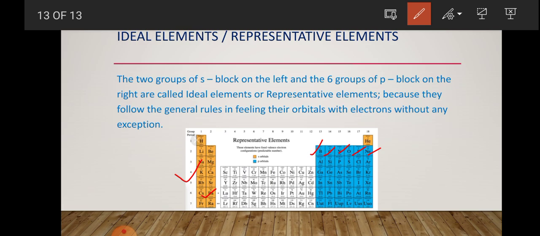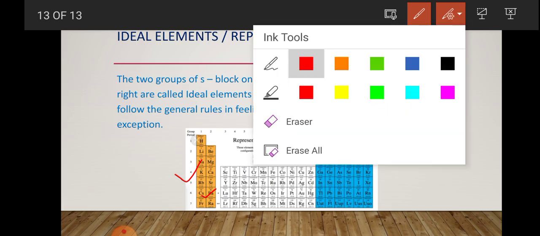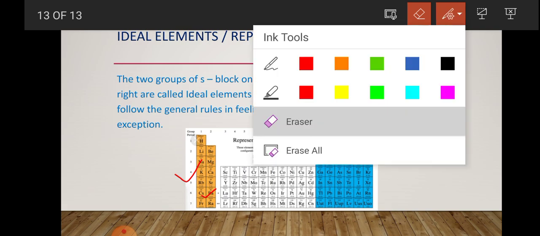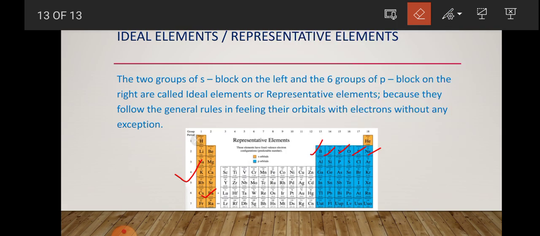That means there is no exception in the electronic configuration of ideal or representative elements.